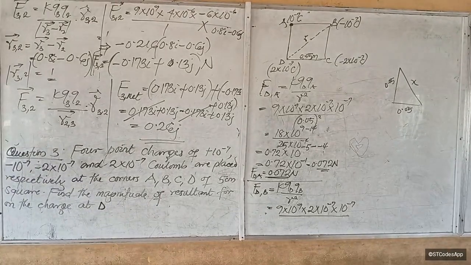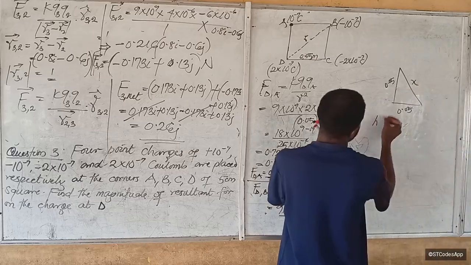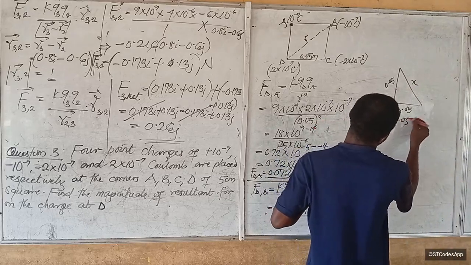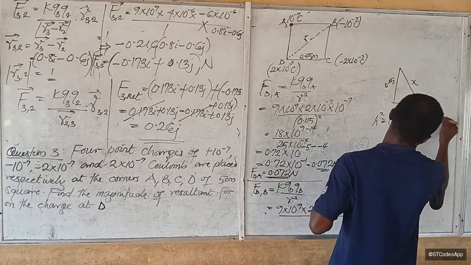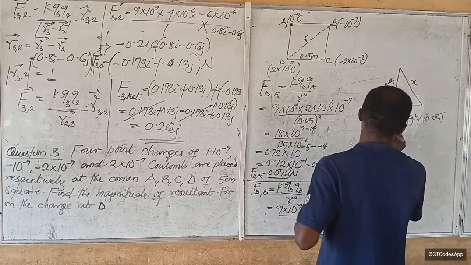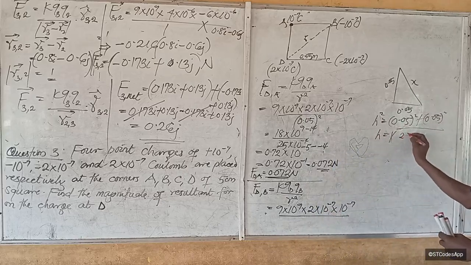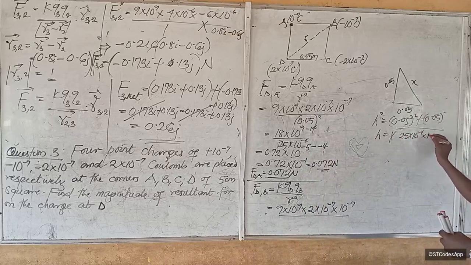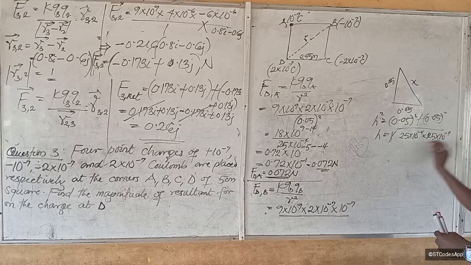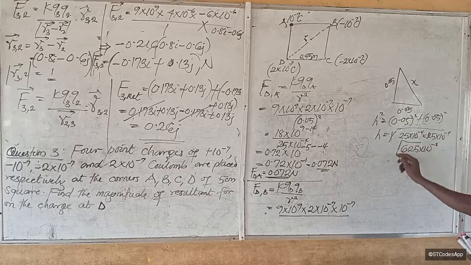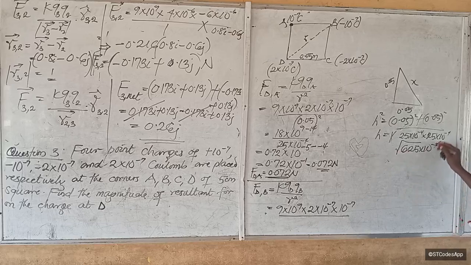So the hypotenuse squared will be equal to 0.05 squared plus 0.05 squared, and h will be the square root of this.